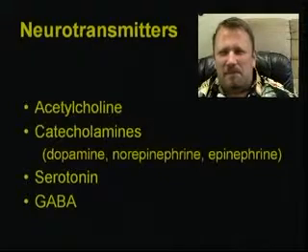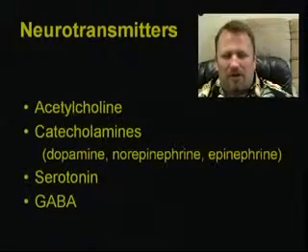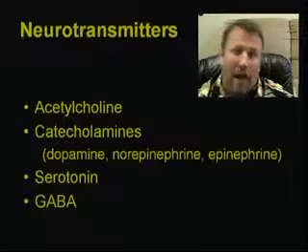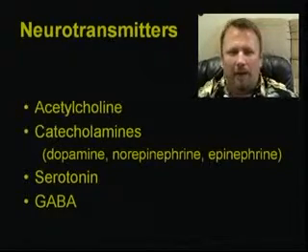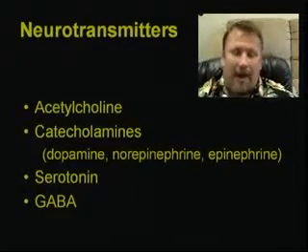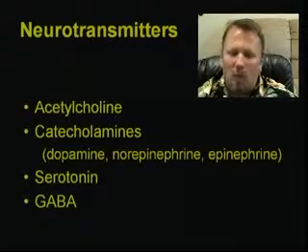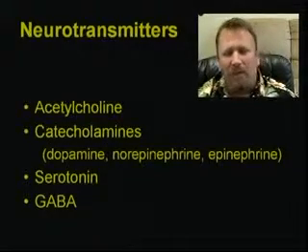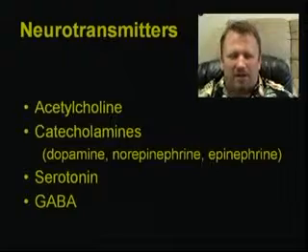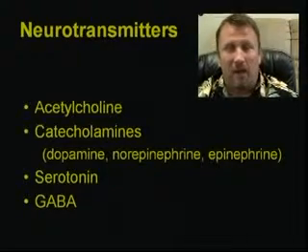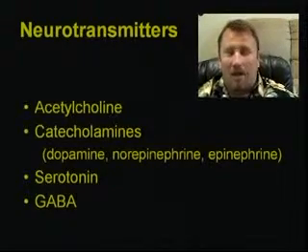So some neurotransmitters that you will talk about during this section are acetylcholine, or acetylcholine, depending on who you argue with. The catecholamines are dopamine, norepinephrine, and epinephrine. They are a family of neurotransmitters that are made from the amino acid tyrosine.